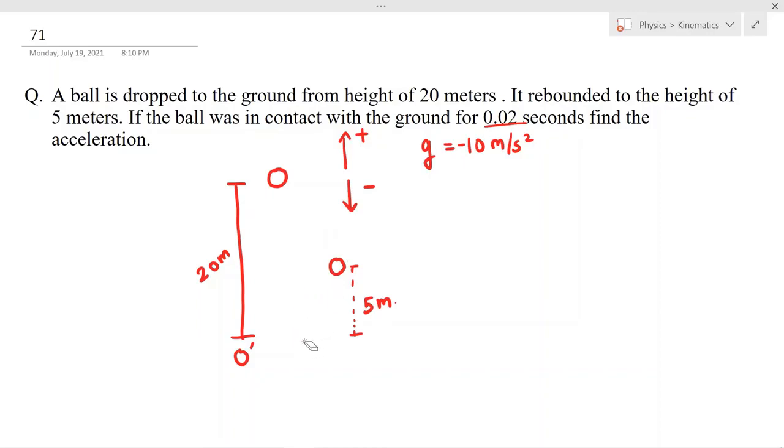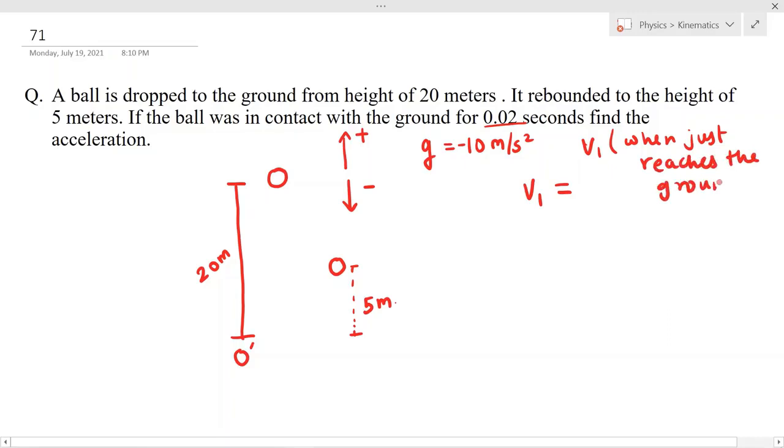Now let's calculate these two velocities. Let's calculate the velocity v1. The velocity v1 is the velocity of this ball when it just reaches the ground. So v1 squared is equal to u1 squared minus 2 into 10 into s, where s is the displacement.